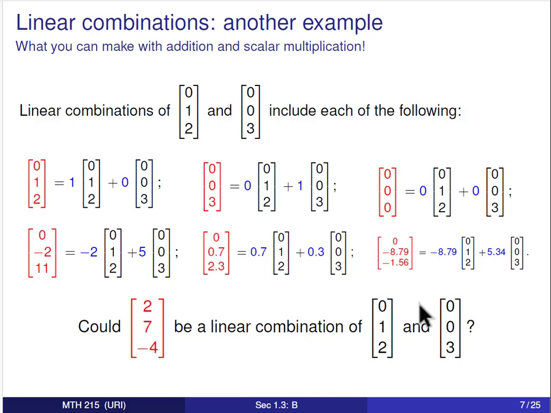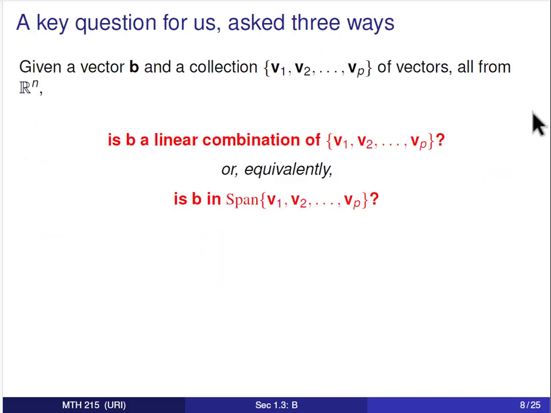No matter how we combine the two vectors together, the first coordinate is always going to be 0. And maybe as you take a look at the examples, you can see why that is. So you would never be able to choose coefficients on these two vectors to make the first coordinate be something other than 0. So the answer to this would be no.